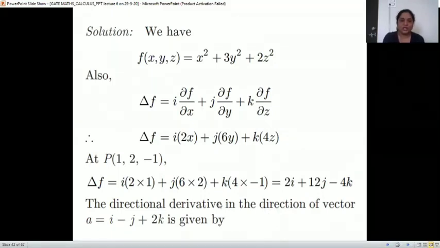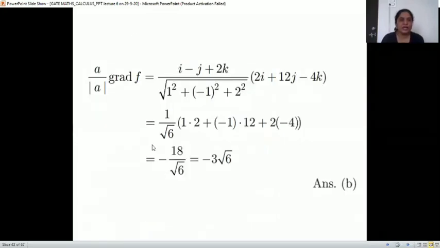So the directional derivative in the direction of vector a bar is del f dot a cap. a cap is nothing but a bar upon mod a bar. So a bar upon modulus of a bar, that is square root of 1 square plus minus 1 square plus 2 square, into del f as it is.